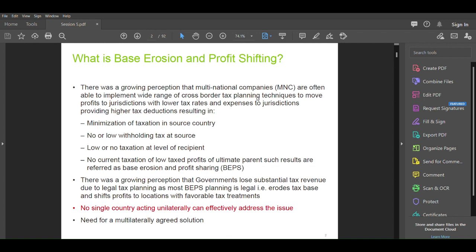So base erosion and profit shifting, if we go by the literal meaning, has two parts in it, base erosion and profit shifting. So what is base erosion? Base erosion means reducing the tax base by claiming deductions and expenses like interest, royalty, or any such expenses. They will claim these and reduce the tax base.